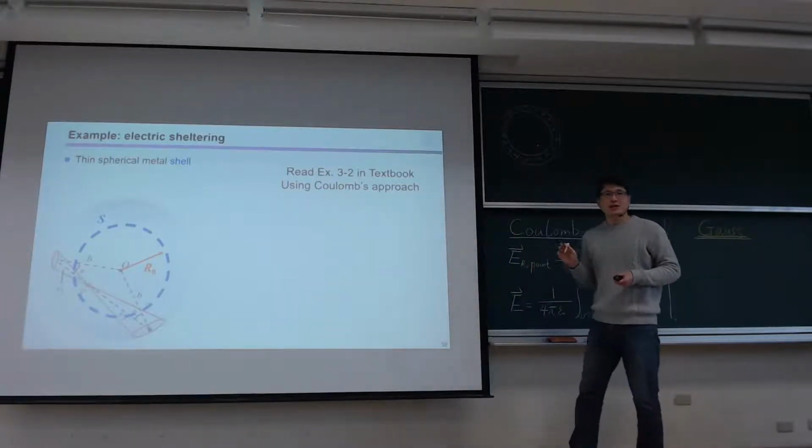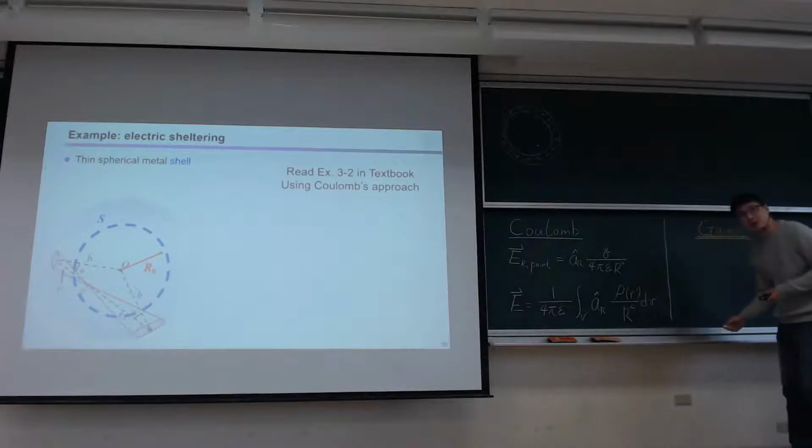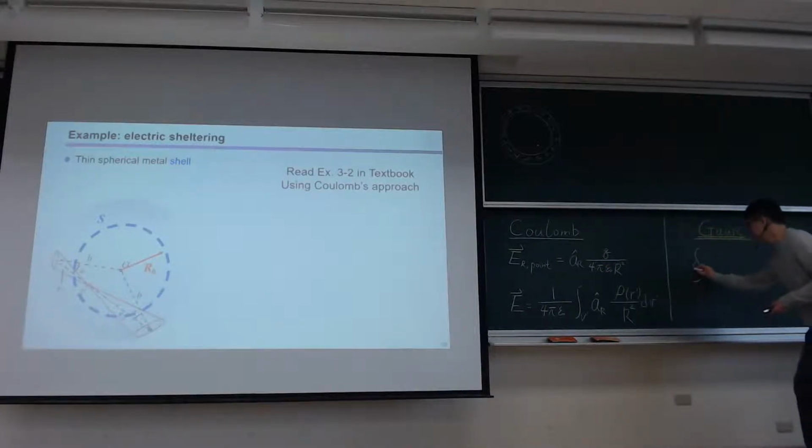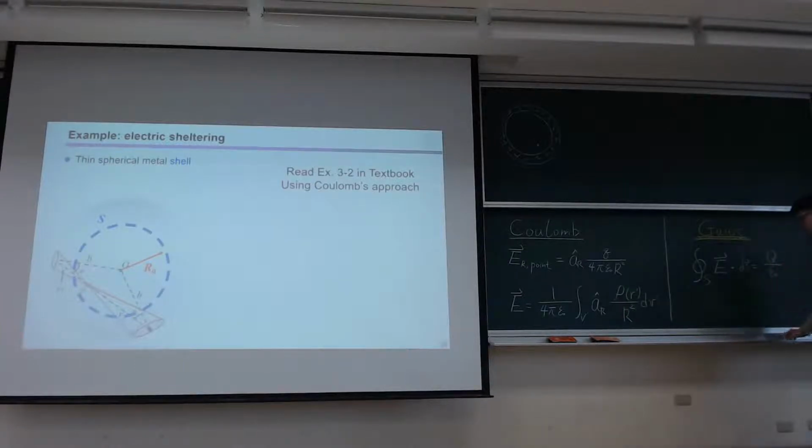But Gauss is telling you, using his simple equation, that if you want to know the E field intensity distribution, all you have to do is form some kind of closed surface, and then look for the charges encompassed by that closed surface.